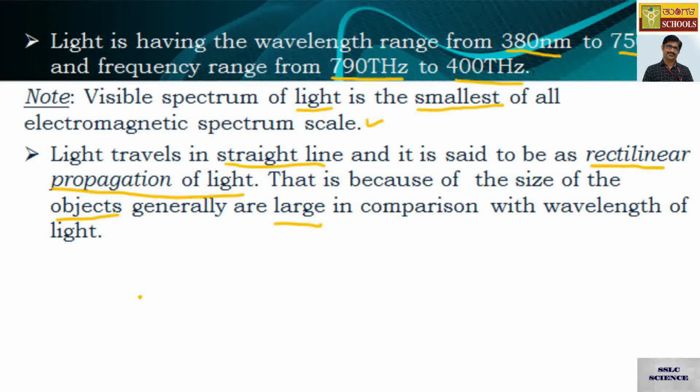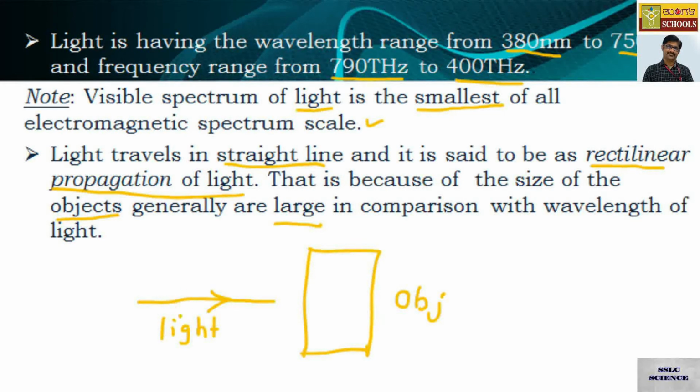Assume this is the light which is moving in a straight line, that is a rectilinear propagation of light. Assume this is an object, and this is the light ray.